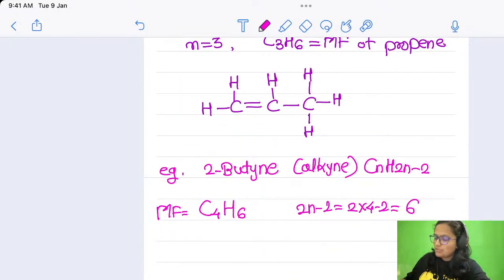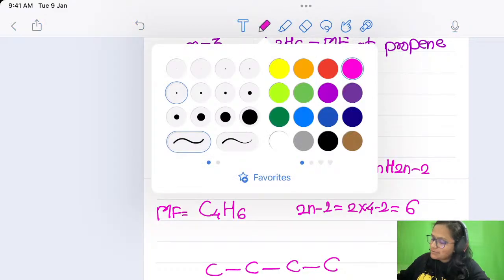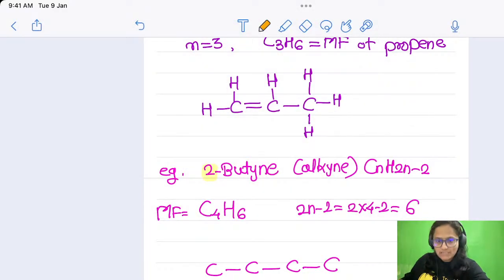Now let us draw the structure. So 4 carbon atoms in a row I will write down, 1, 2, 3 and 4. Here it is 2-butyne. What does this 2 stand for here? This 2 stands for the position of the triple bond, that is, the triple bond is present at carbon number 2. For that purpose I need to number it.